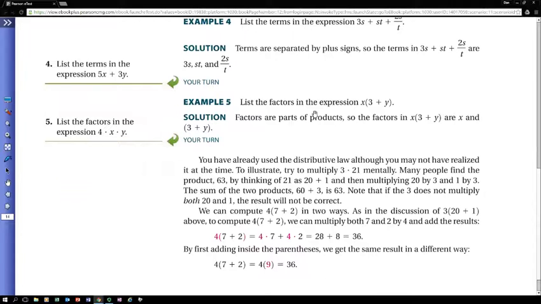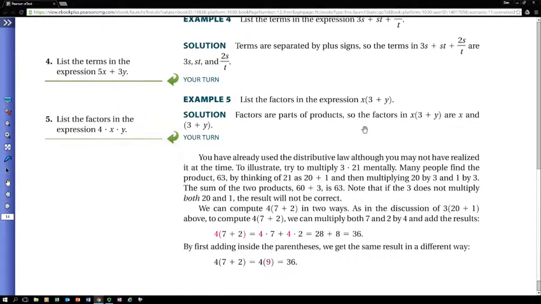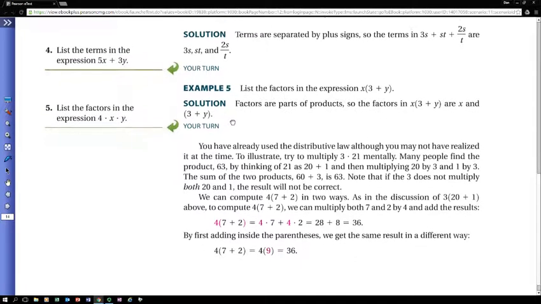Now in this example 5, they have x times the quantity 3 plus y, and they want the factors. Factors are parts of the multiplication. Well, that wouldn't be 3 and y because those are parts of an addition. But x times this whole thing are factors. They're parts of the multiplication. So if they ask for factors, parts of the product, the factors of this would be x and 3 plus y.